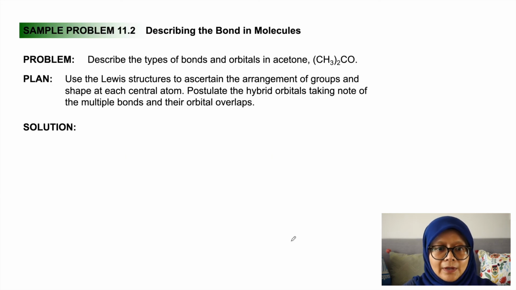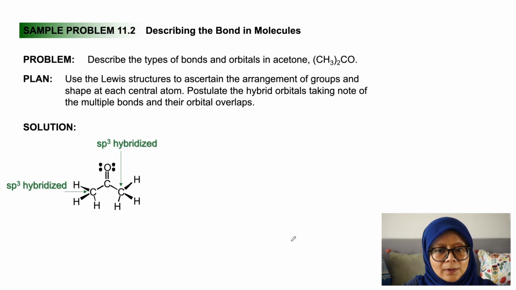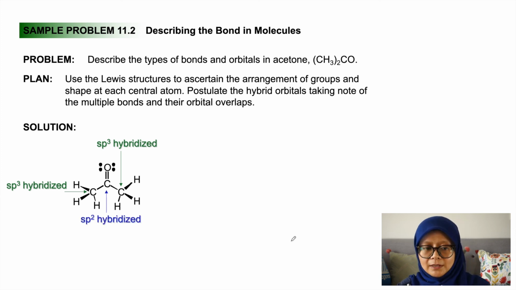And then guys, this is the sample problem on describing the bonds in molecules. You need to be able to draw the Lewis structure and also determine the molecular geometry. Then you can predict the hybridization.